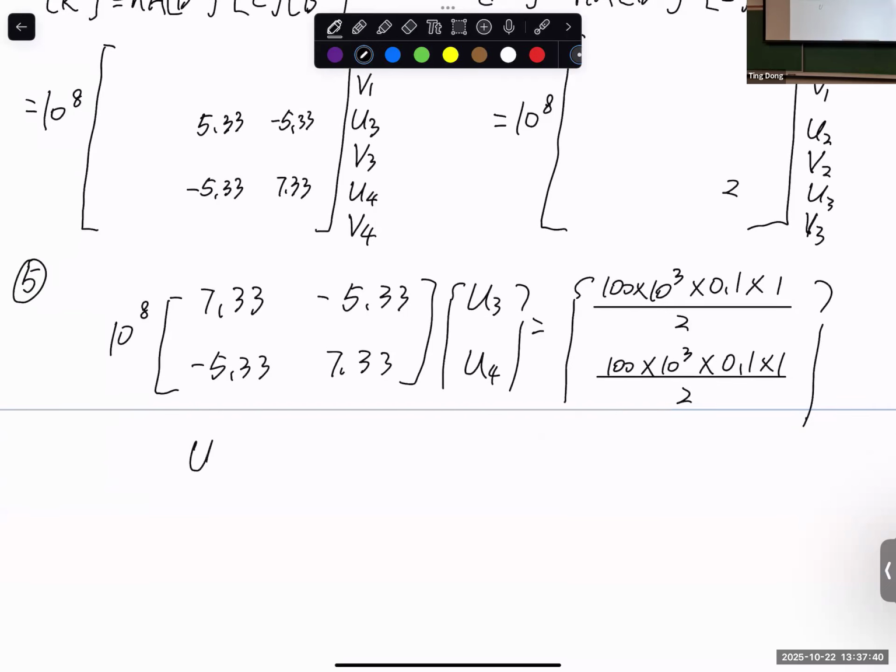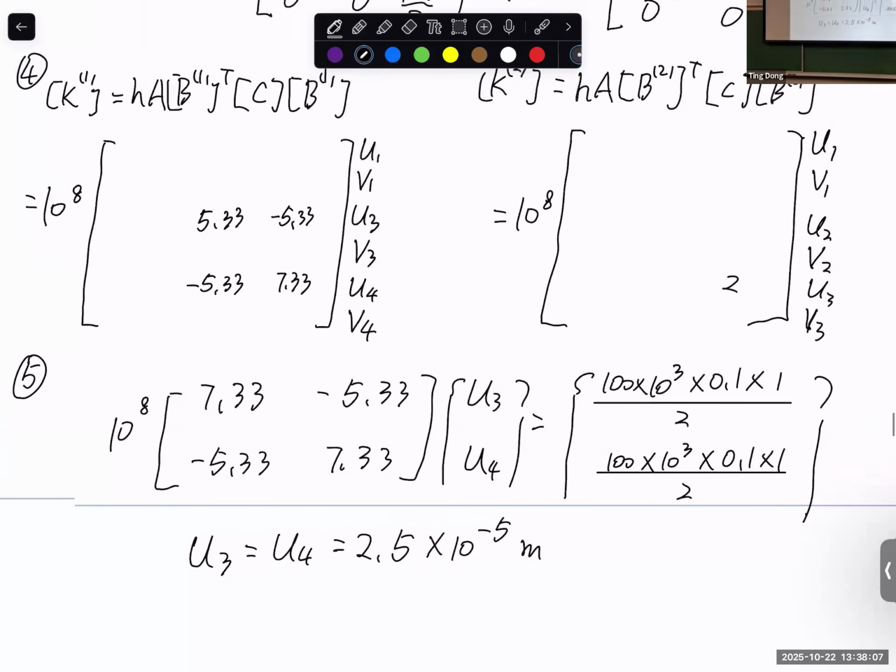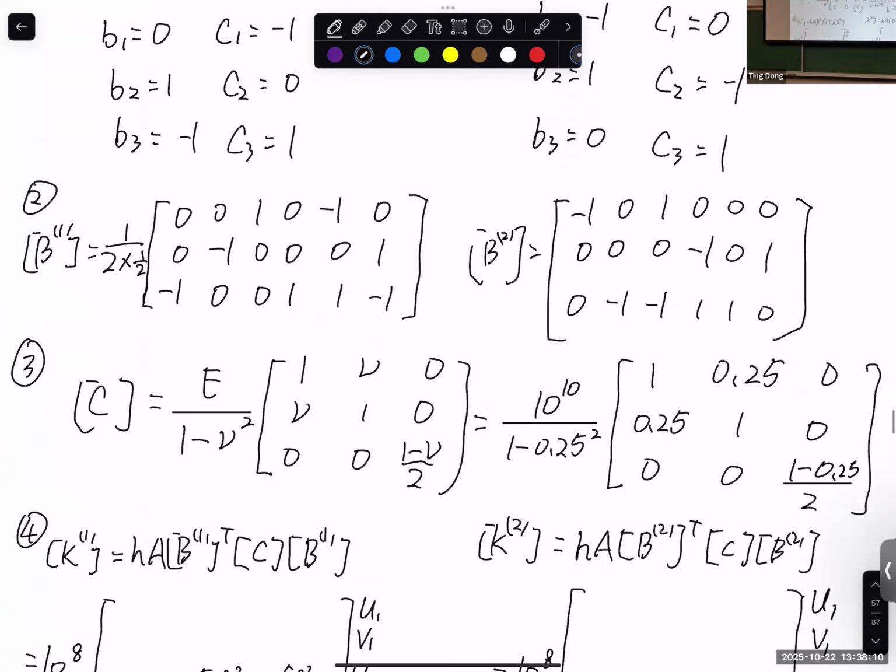We solve U3, U4. Any question? And is 1/2A included in the B matrix? Yes, I already answered that. 1/2A is in the B matrix. A equals 1/2, so 1/2A equals 1. Any other question?